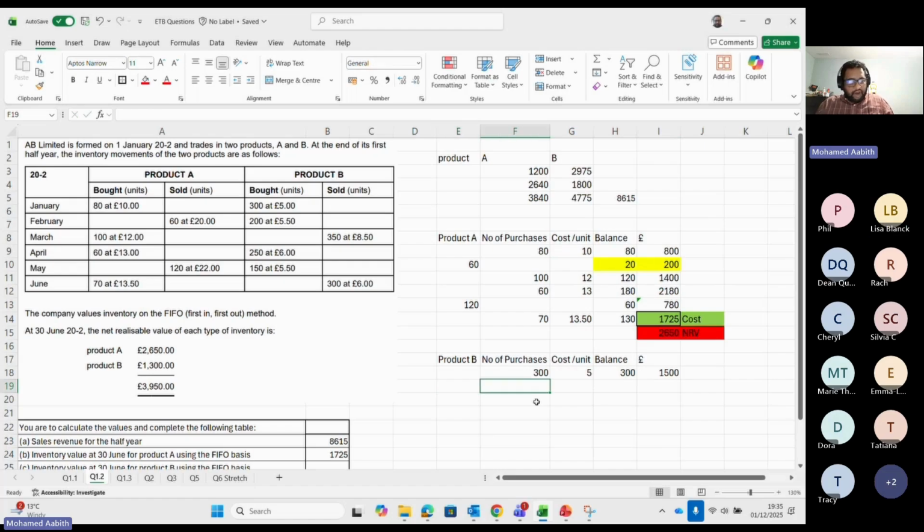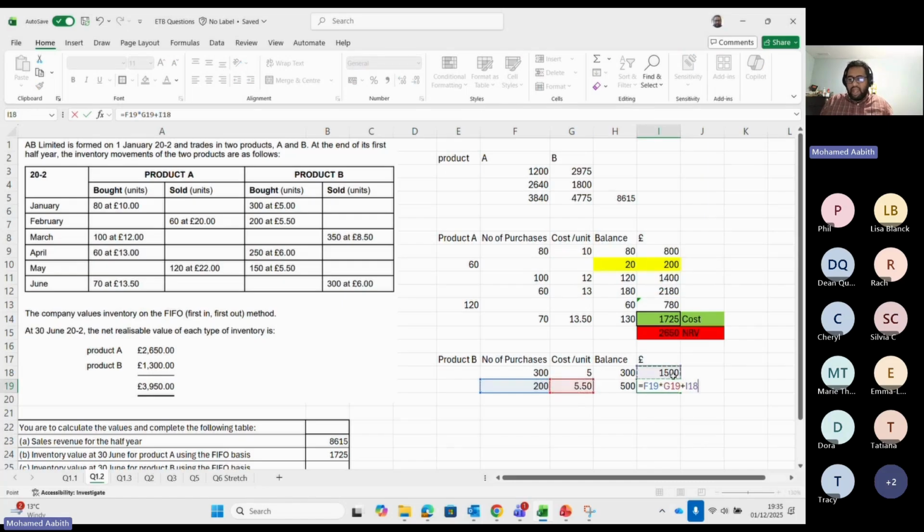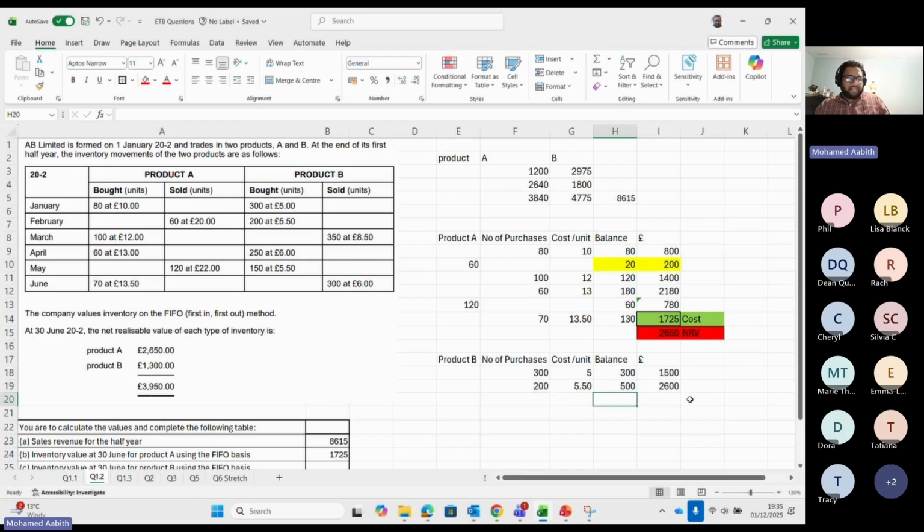And we bought a further 200 now at £5.50. So let's change to one more decimal there. And we have 500 units, and that 500 units will cost you that times that plus whatever we already had here, 2,600.